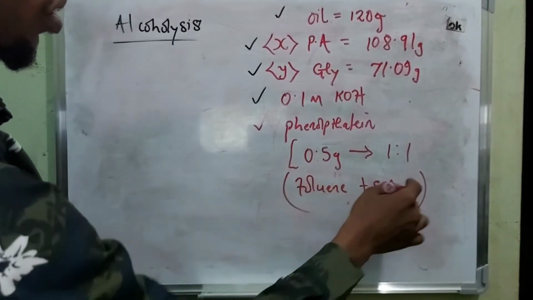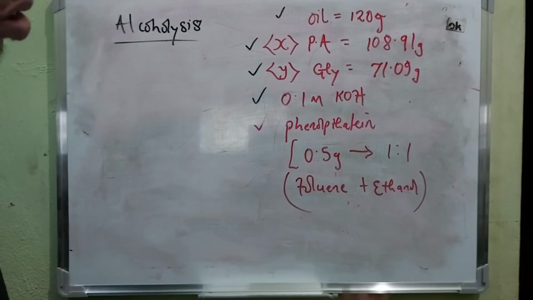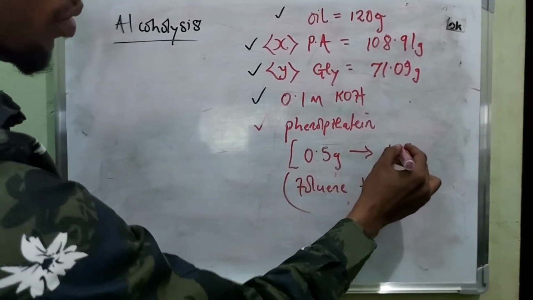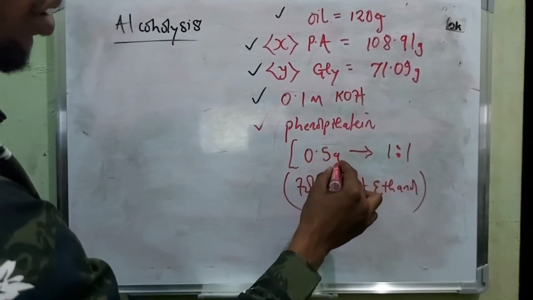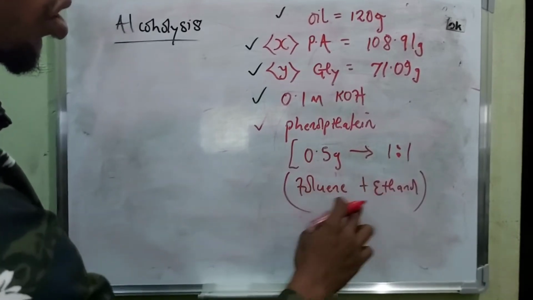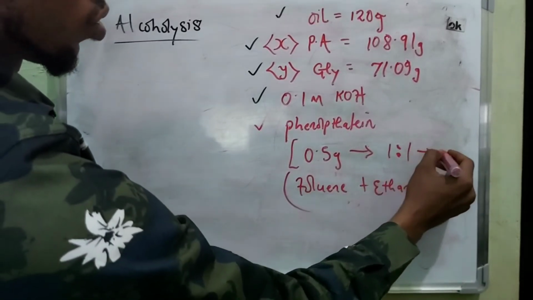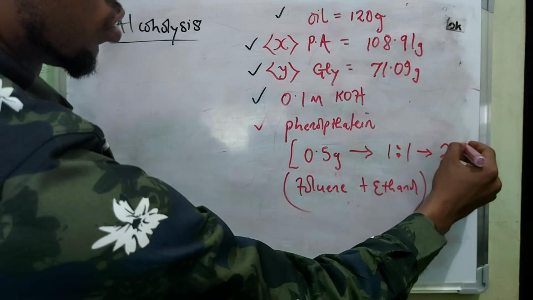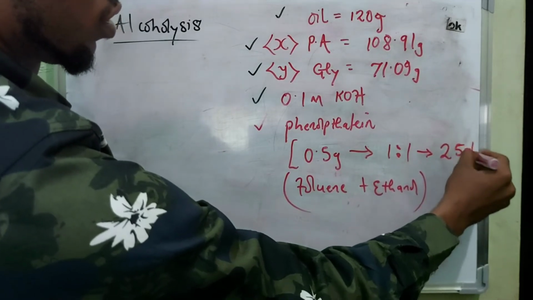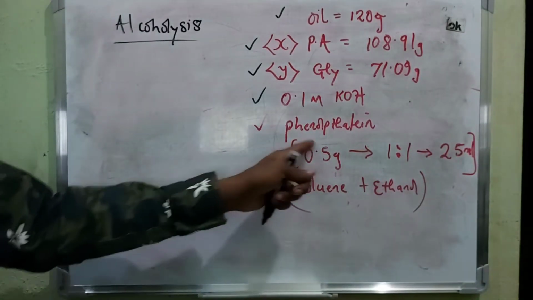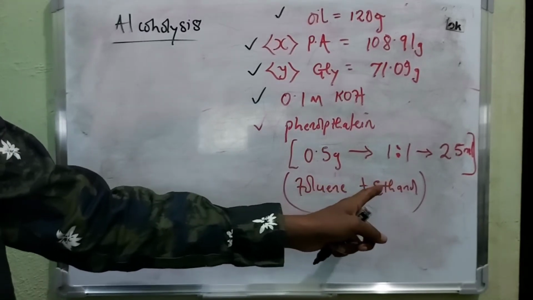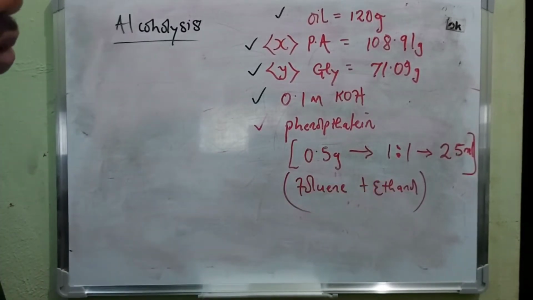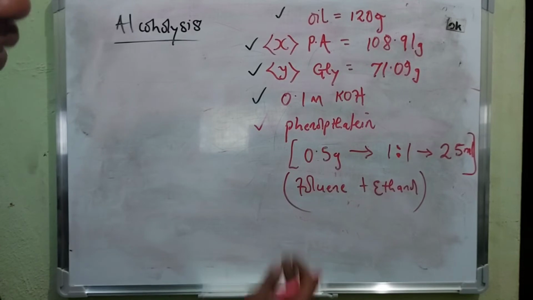So equal mixture of toluene and ethanol depending on how much you want to mix up. You dissolve 0.5 gram into 25 ml of equal mixture of toluene and ethanol. So 0.5 gram dissolved in equal mixture of toluene and ethanol will serve as your indicator.